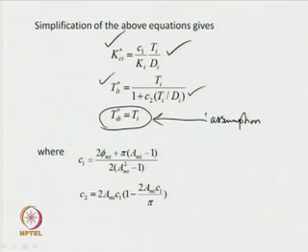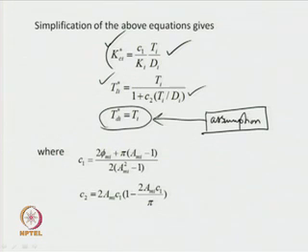So, with this assumption we proceeded and we have been able to find explicit expressions for the 2 unknowns of the new PID controllers, K C I star and T I star.